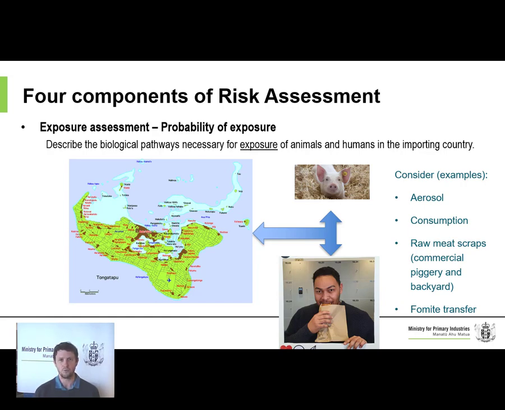And that is a possible biological pathway that needs to be considered when looking at organisms such as African swine fever. So there's commercial piggery and backyard considerations, but also fomite transfer.